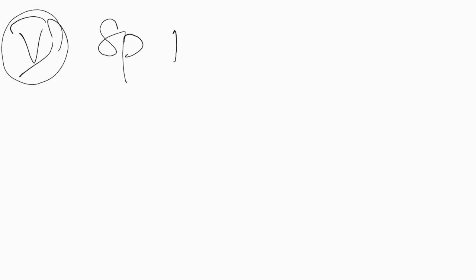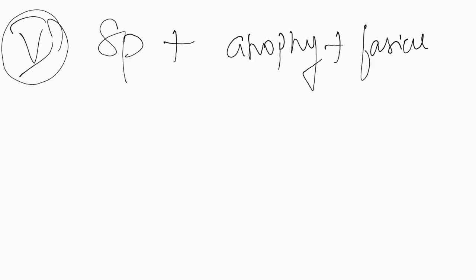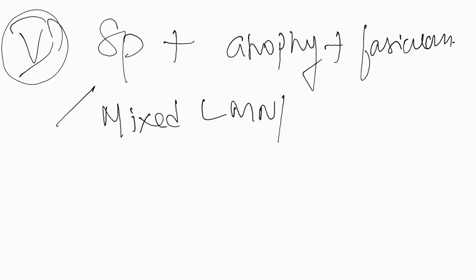And number 5 is your spastic paraparesis with atrophy and fasciculation, or could be mixed LMN and UMN findings.